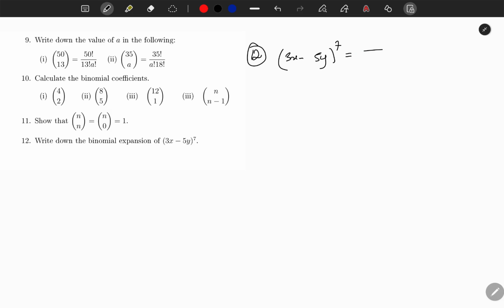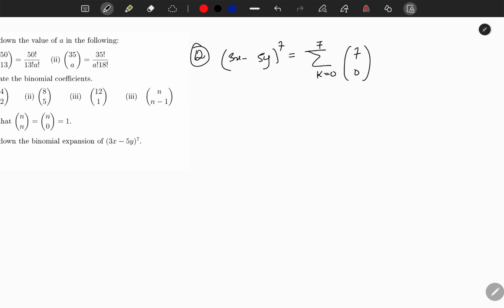We can sum this from k equal to 0 all the way to k equal to 7. So we are summing 7 combination k, and we get (3x) to the power 7 minus k, and we get (negative 5y) to the power k.